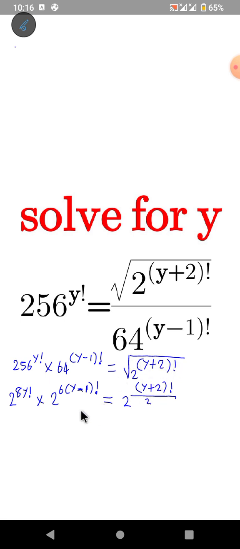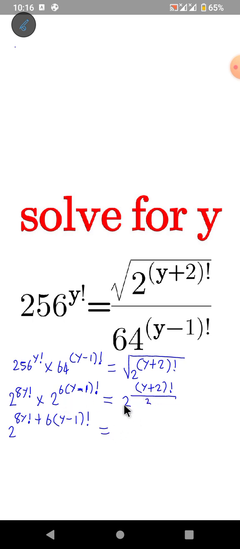Okay, now we continue. Now I'm going to apply the product law of indices for the left hand side of this equation here. Since the bases are the same, we pick one. So here will now become 2 raised to the power of 8y factorial plus, since it's multiplication here, it's going to be plus 6 bracket y minus 1 factorial, all equal to the power here.